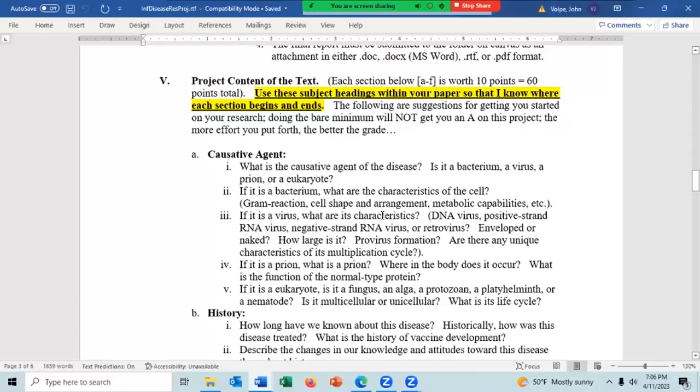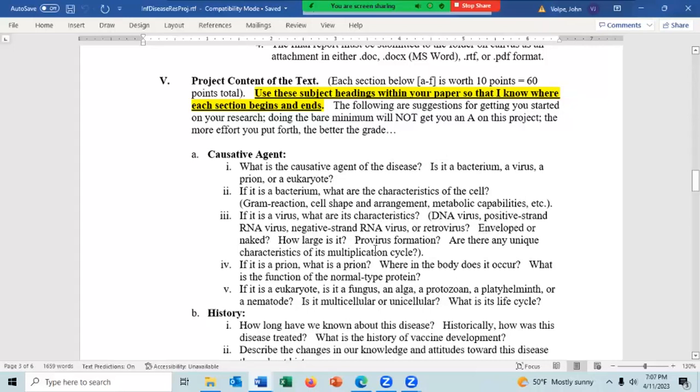If it's a virus, you should state whether it's a DNA virus or an RNA virus, whether it's positive strand or negative strand RNA virus, whether it's a retrovirus, whether the virus is enveloped or naked.